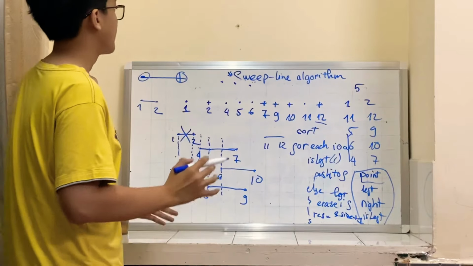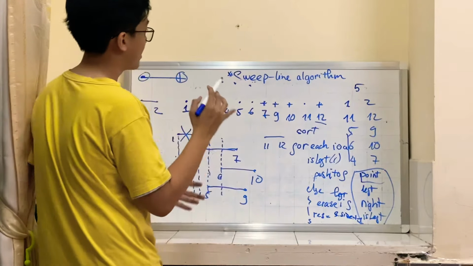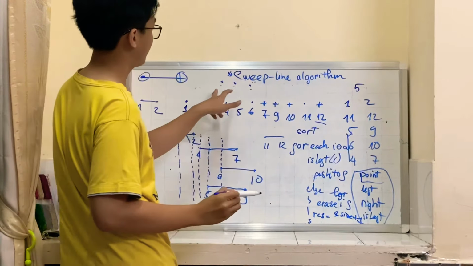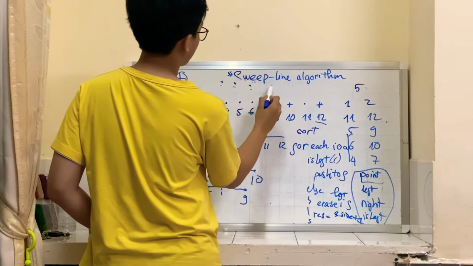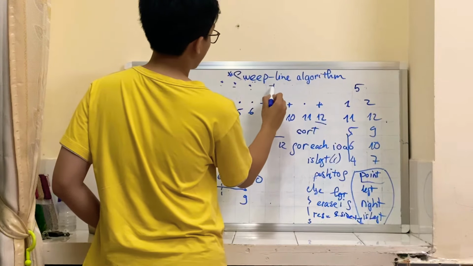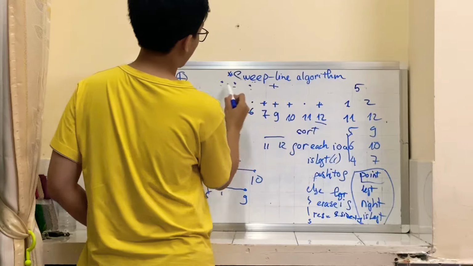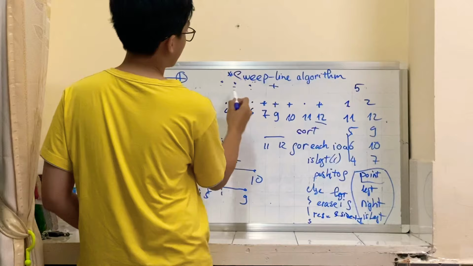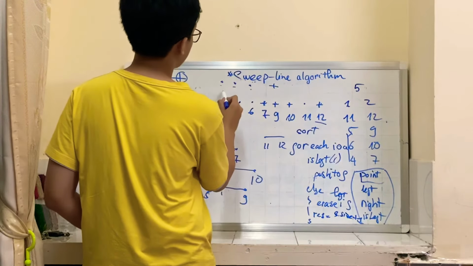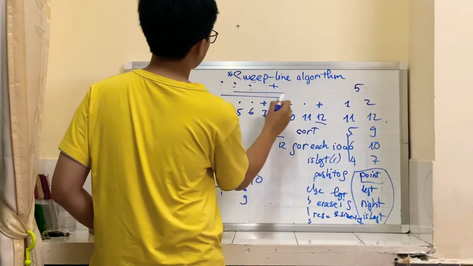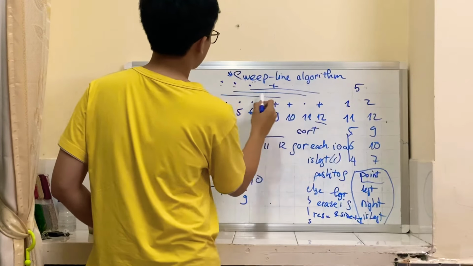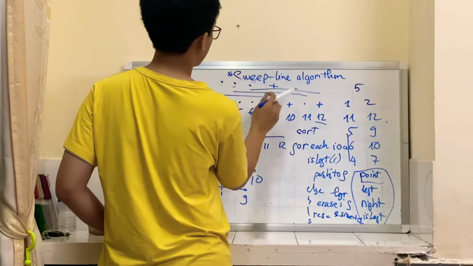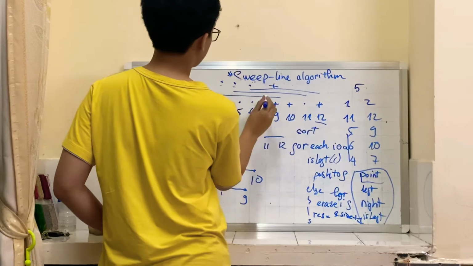So the next endpoint of each of the 3, randomly, is like this. The intersect value will always be like 3.